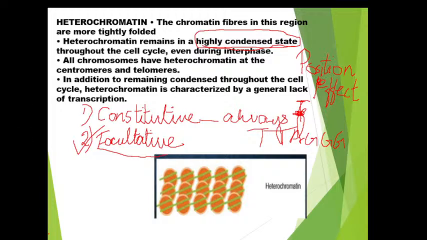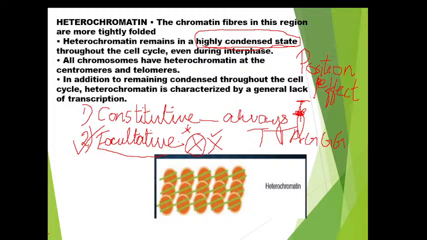One important example of facultative heterochromatin is the X chromosome. In females, we have two X chromosomes, and among these, one X chromosome is inactive and only one is active. This is known as facultative heterochromatin.